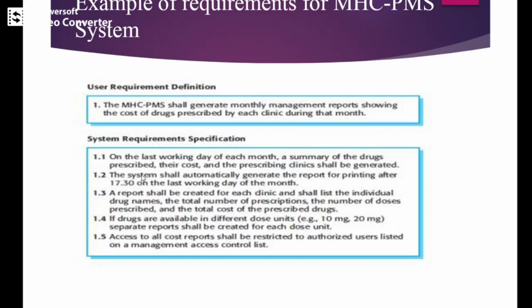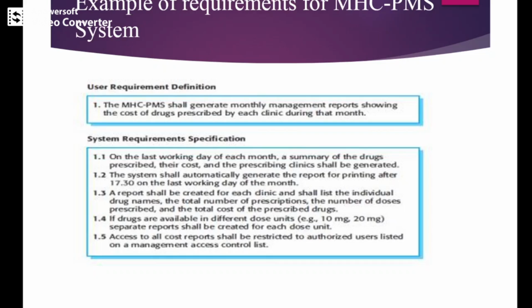1.2. The system shall automatically generate the report for printing after 17:30, that is 5:30, on the last working day of the month. Here actually the requirement told that it should generate monthly management reports, but didn't specify when, which day.